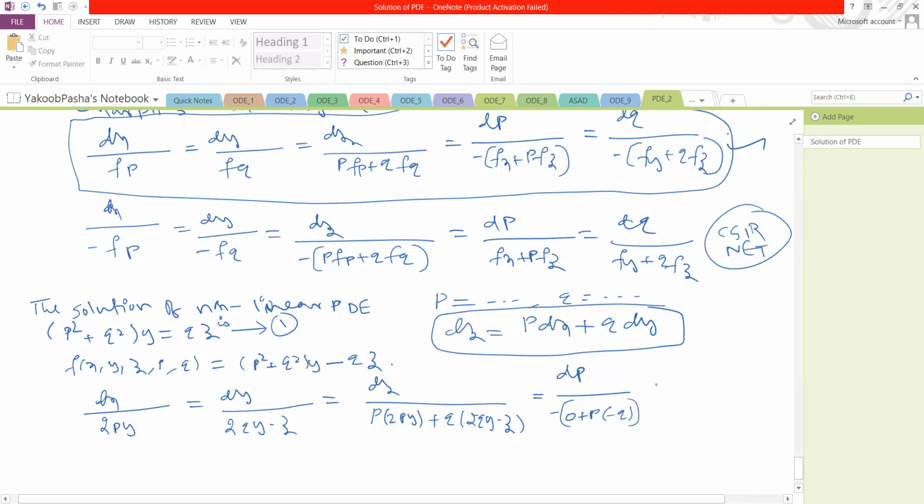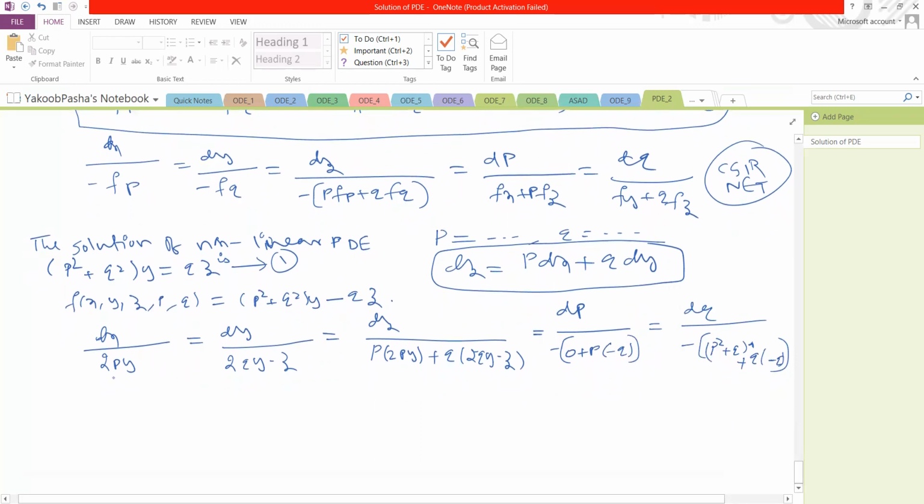And dq by minus of fy. You have to differentiate with respect to y, so y differentiation is 1 into p square plus q square, plus q into fz, and fz is minus q.